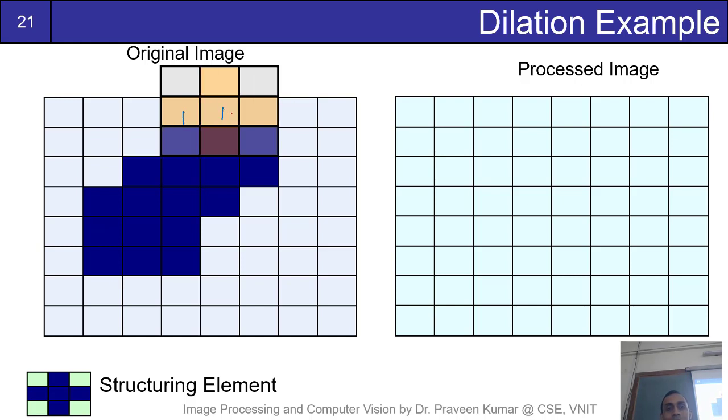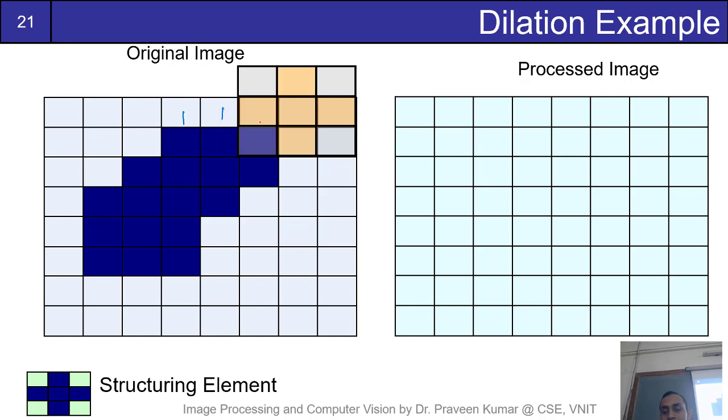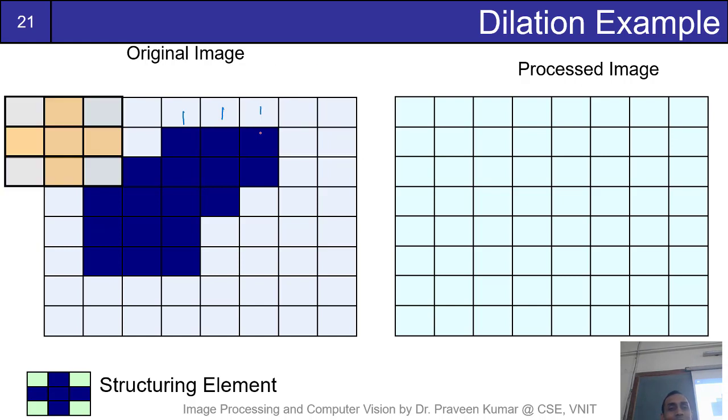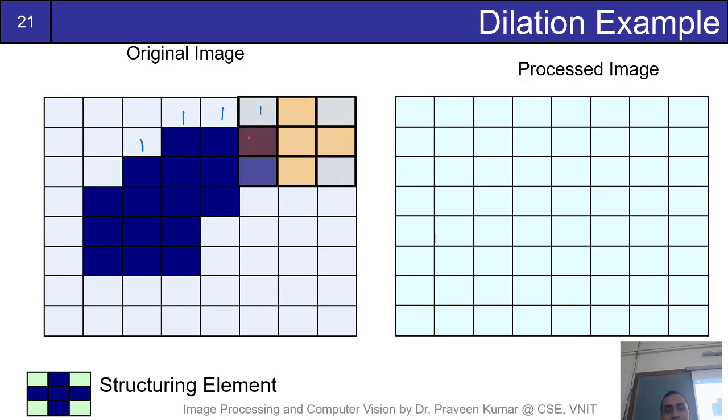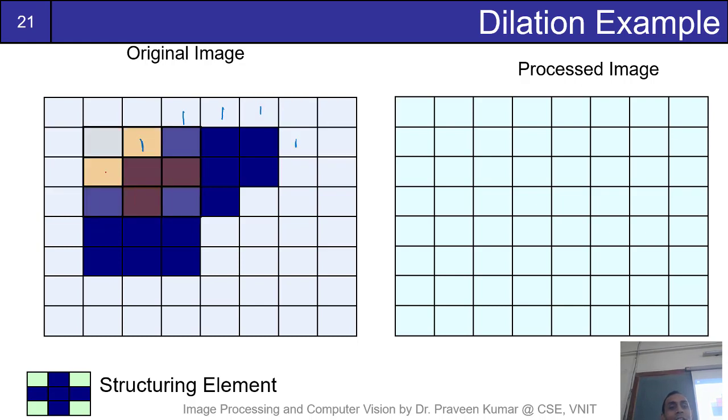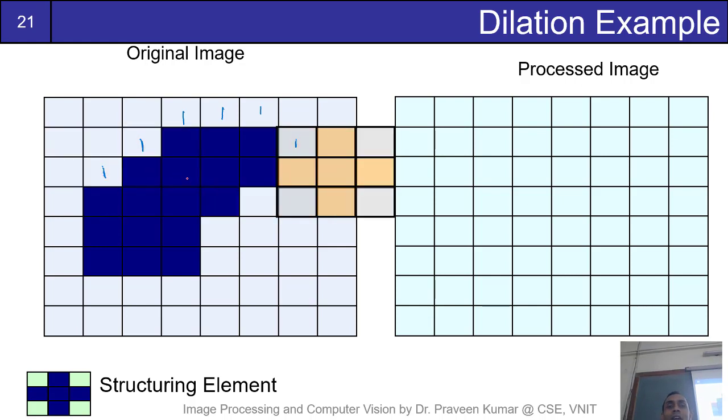This location will also be 1. No, not 1 here. This also is 1. Okay. So here it is 0, 0, 0. Here also 0. Here it is 1. So later on, here also it will add 1. So on the boundary, it is going to add 1 location.